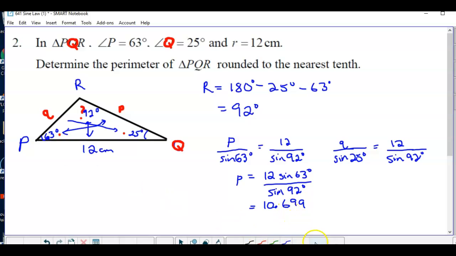If you kept it in your calculator, you could use it. I tend to go back to the more unrounded values, the better. Okay, so now to get Q by itself, I multiply through by sine of 25, so that's going to be 12 sine of 25 over sine of 92.